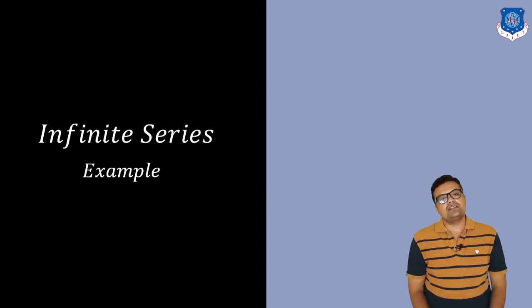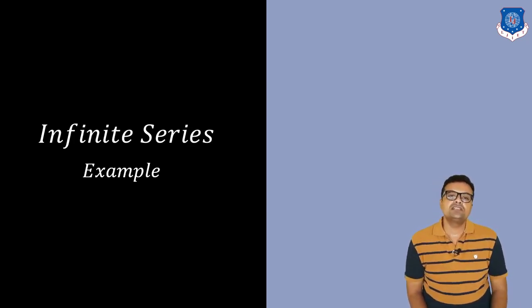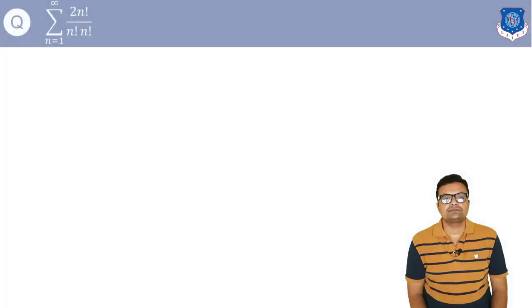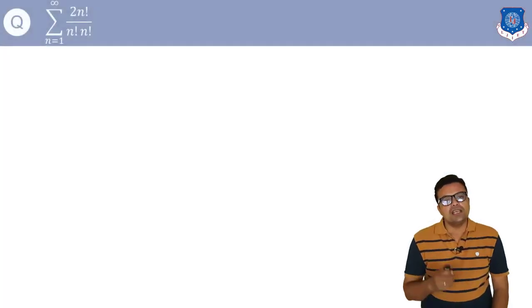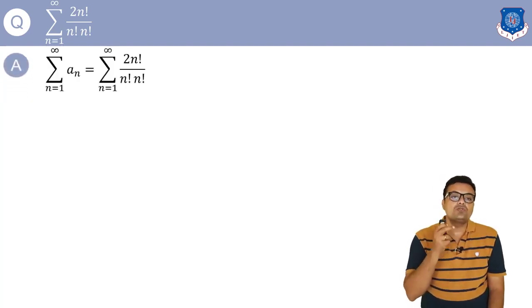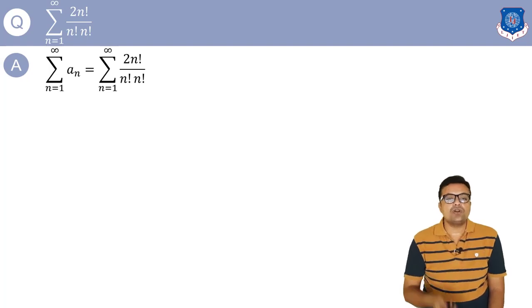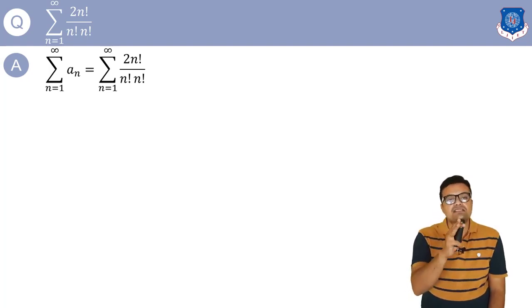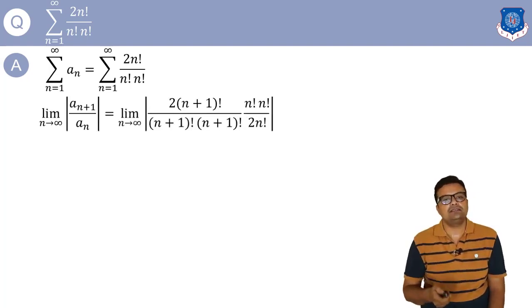Now let us consider one example of this ratio test. If I take the sum from n equals 1 to infinity of 2n factorial upon n factorial into n factorial, it is very difficult to check convergence for this kind of factorial series. So for that we need to go for the ratio test. I am assuming that this series is denoted by an.